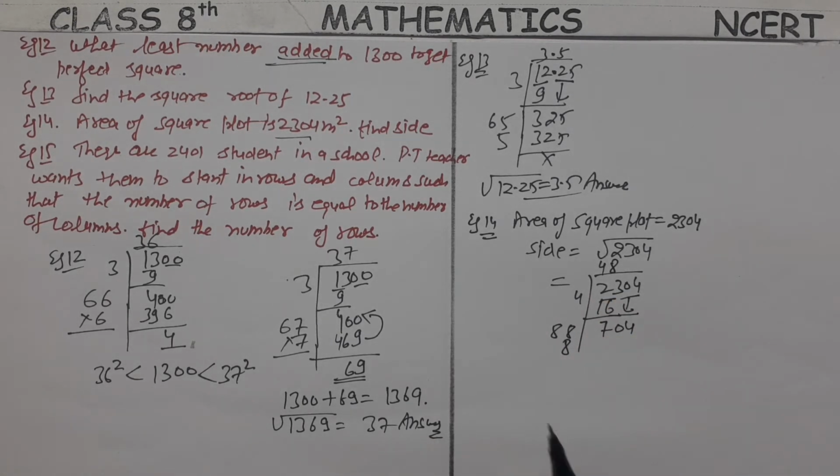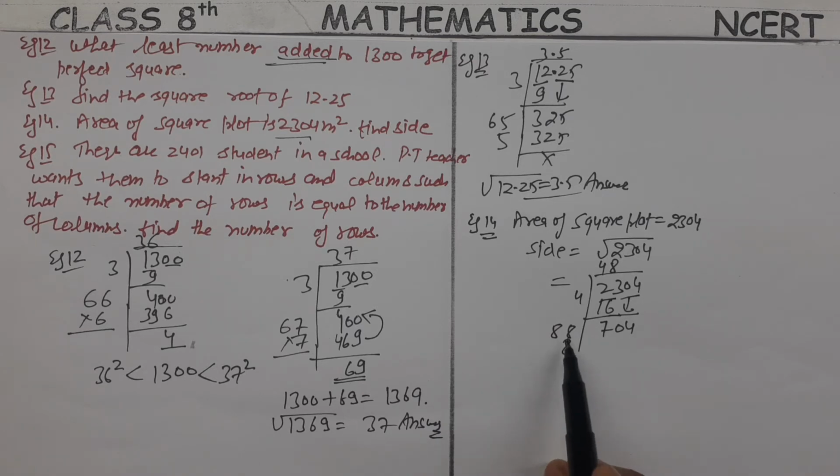Also 8. 8 8s are 64. The square of 8 contains 4 as unit digit, and 2 2s are 4 also contain unit digit 4. But if we put 2 here multiplied by 2, then 82 multiplied by 2 is smaller than 704.